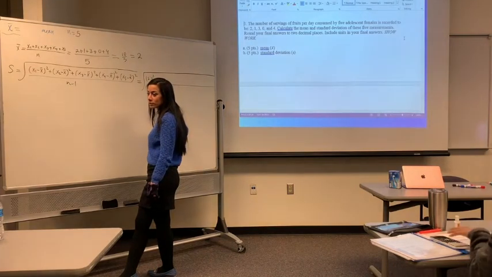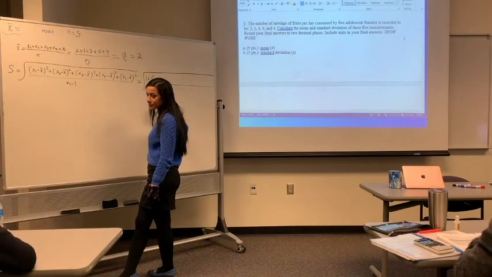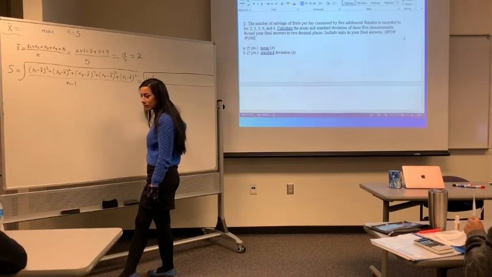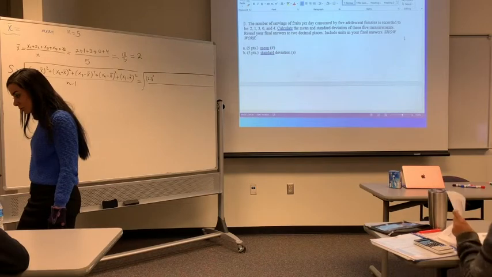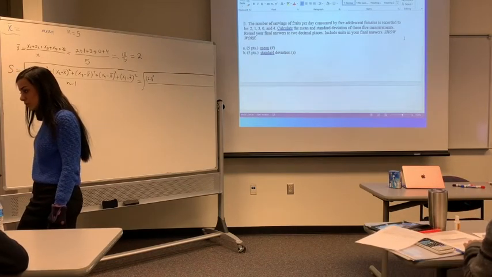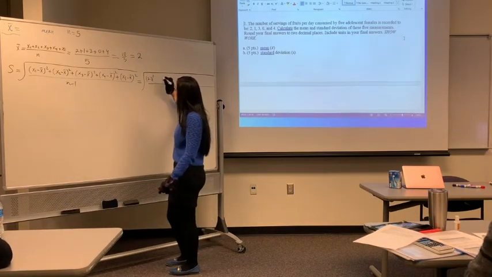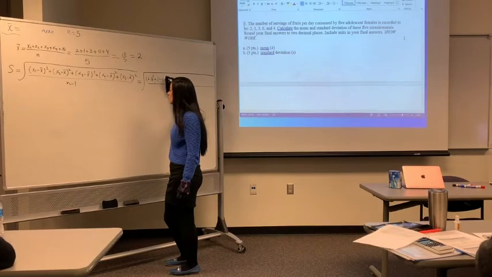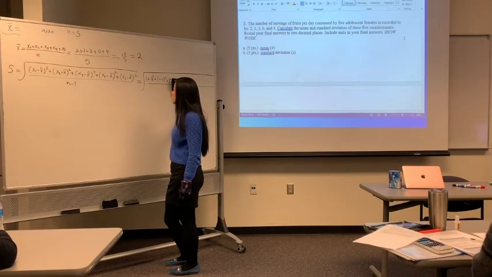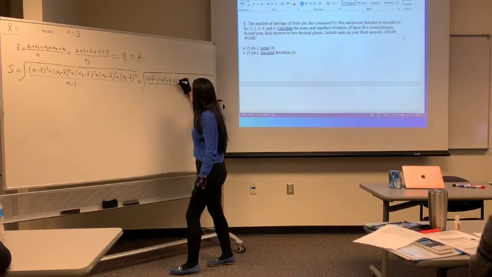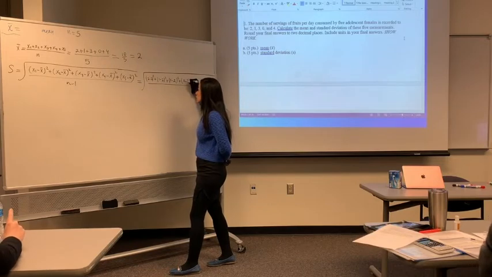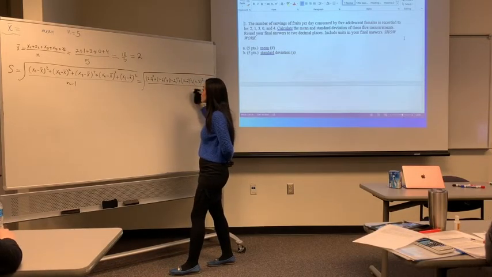Do we want specific decimals or just want to get a square root? I got 1.15.